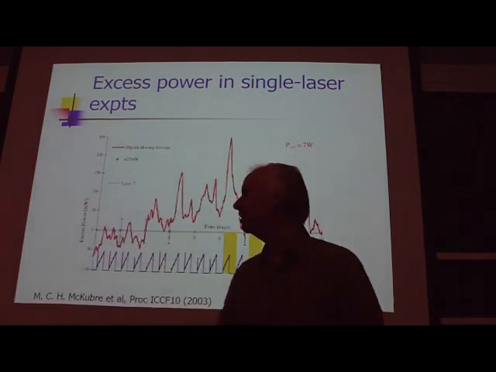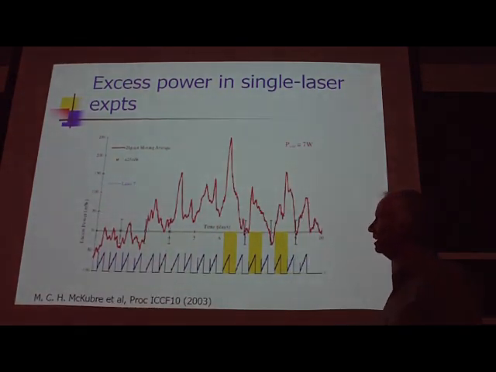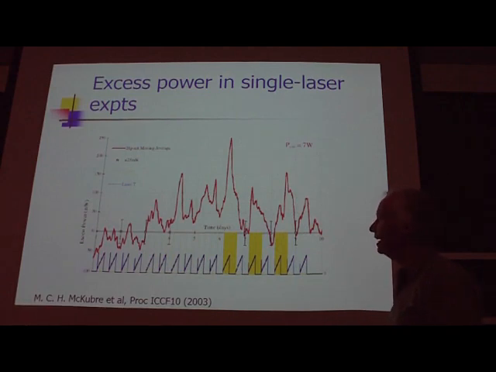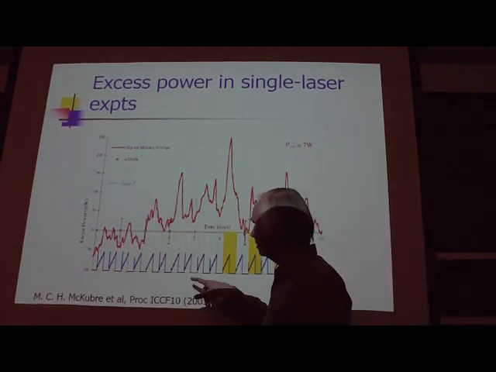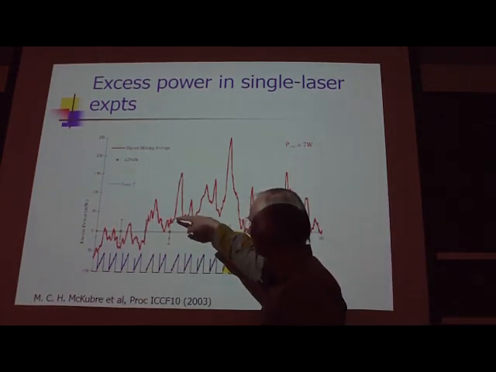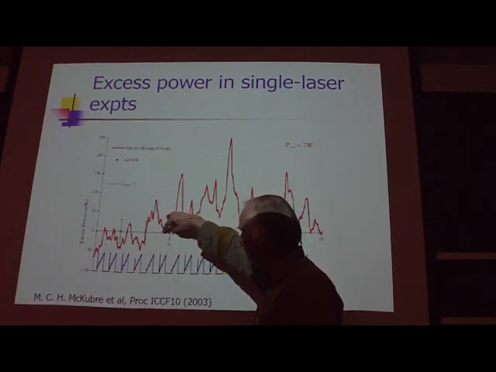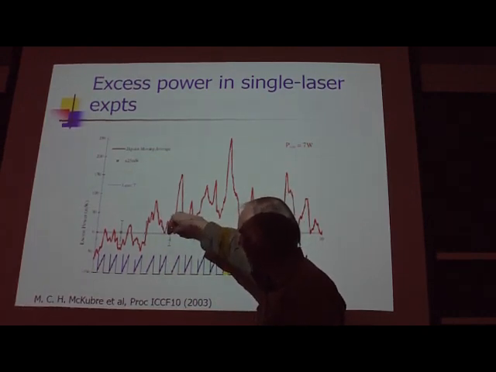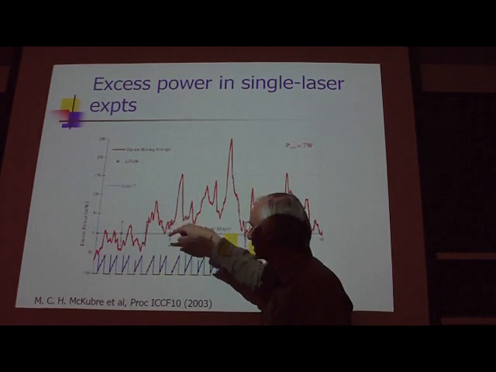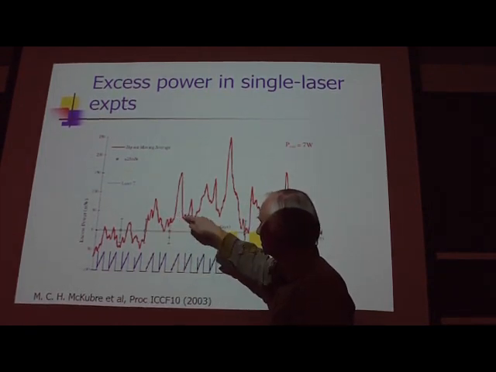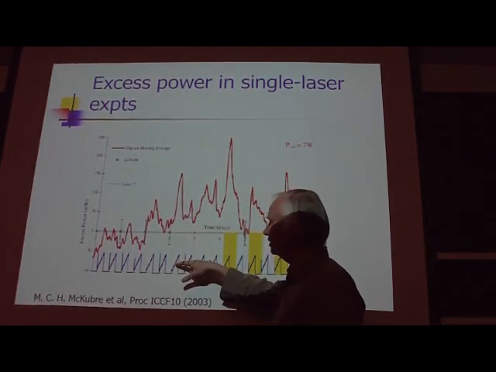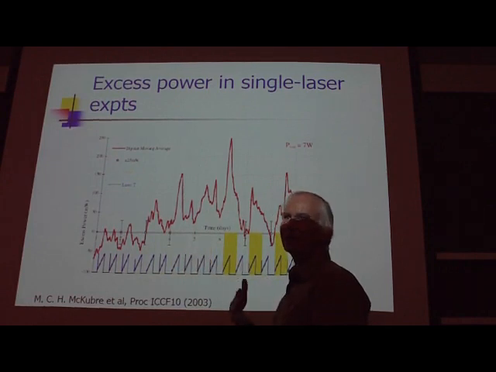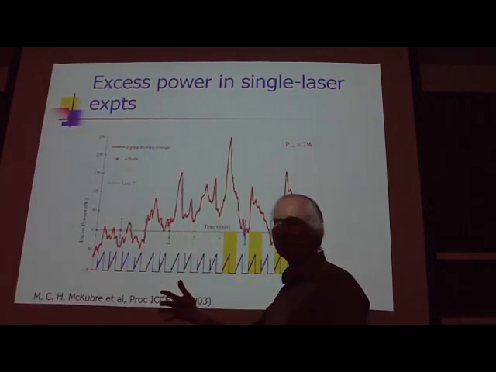Here's an example of the effect at SRI. Let me look at this one right here. There's no laser turning on. Here the laser turns on, and this is the temperature that the laser diode is running at. Scanning the temperature scans the wavelength.